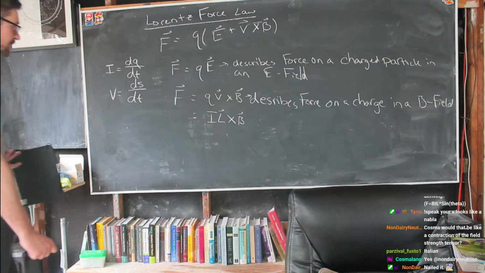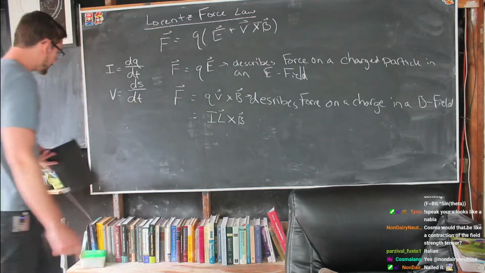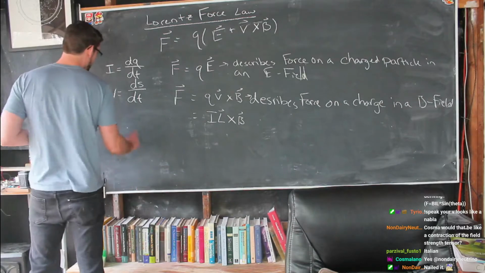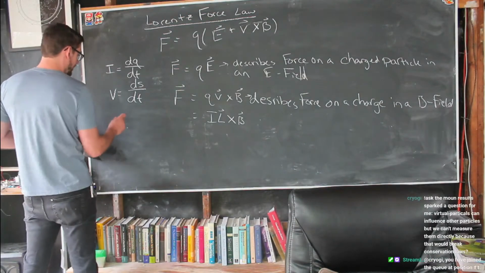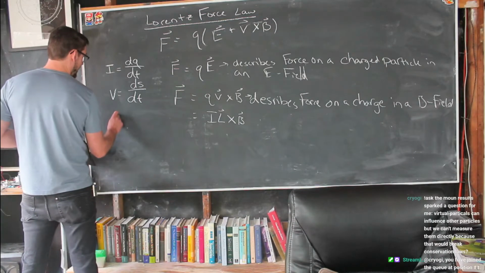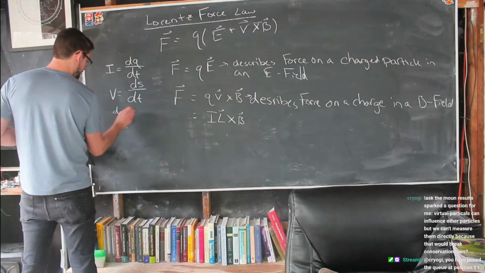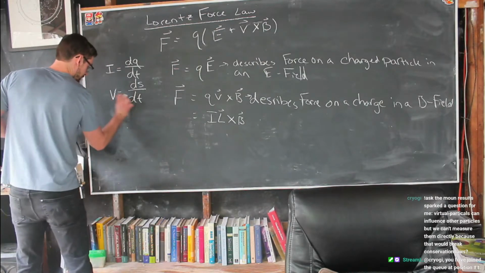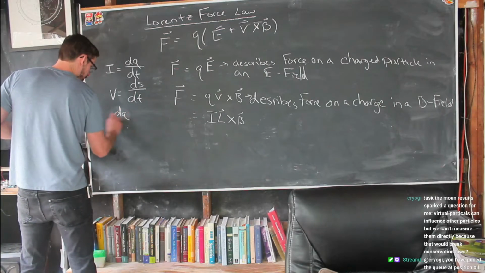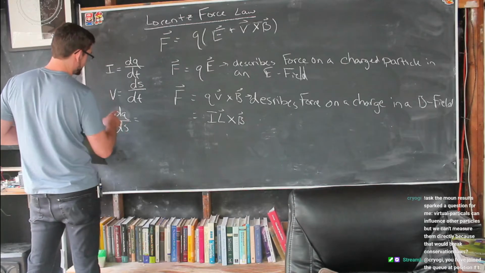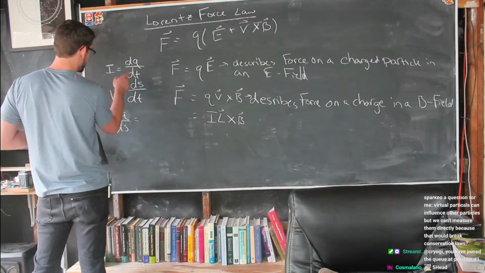If these are the same system, then we're going to evaluate over the average time. And we can find out that we'll have dq over ds is equal to, how do we do this? Let's see.